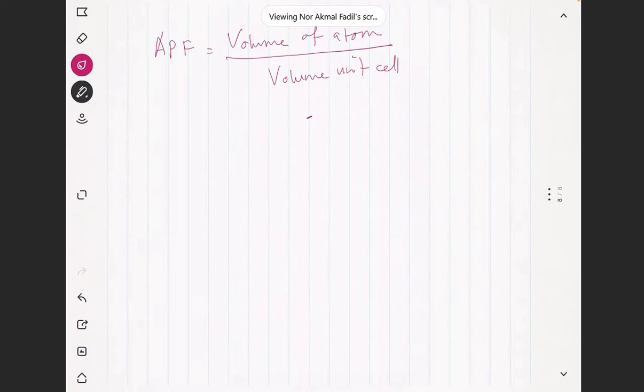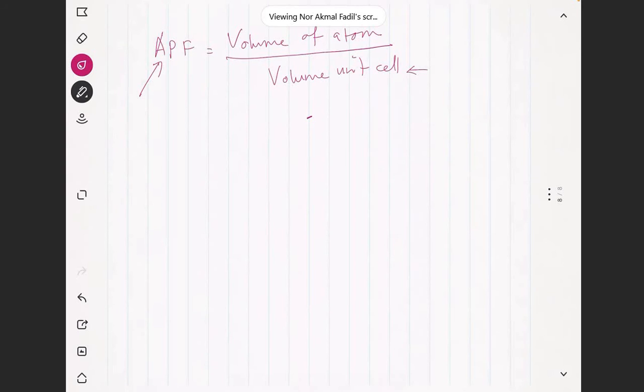We usually calculate the ratio between the items inside the space divided by the volume of the room itself. It is the same in this case of atoms, how the atoms are arranged in that particular cell. So we can determine the packing fraction of atoms in the unit cell.